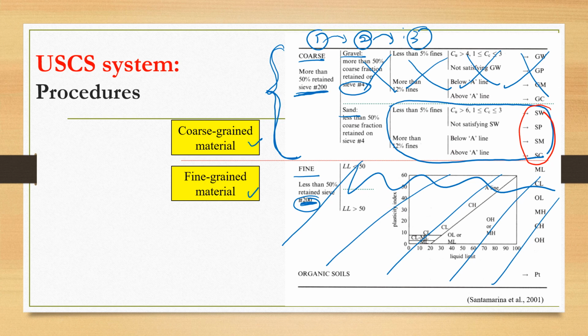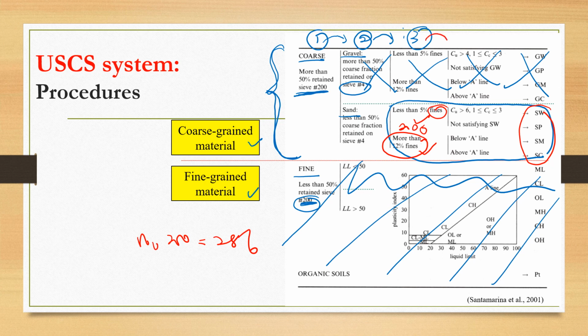You want to know whether it has less than 5% fines or more than 12% fines. So what are the fines? Fines means that you have to refer back to sieve number 200. So you need to look at the percentage passing sieve number 200. Let's say the percentage passing number 200 is 28%. So it is more than 12%, right?